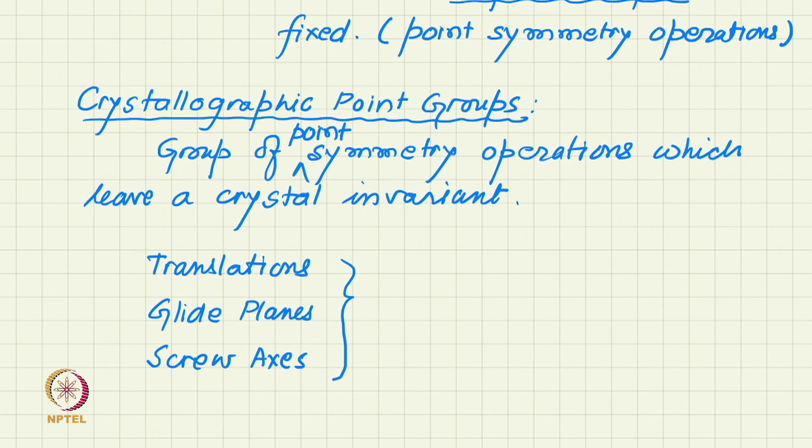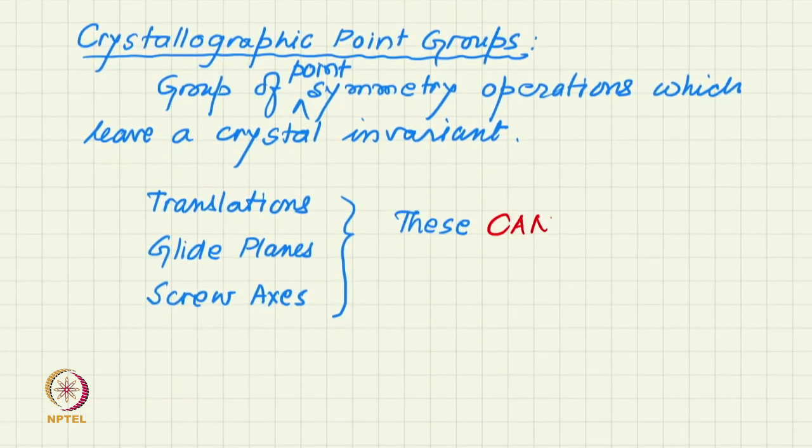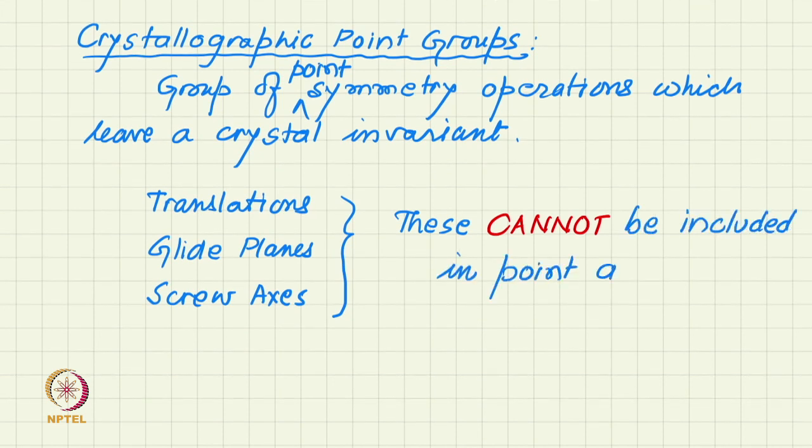So, they can never leave any point fixed. So, these cannot be included in point groups. We will take these up when we discuss the space group, like we had done for 2 dimensions, but for point groups these cannot be included.